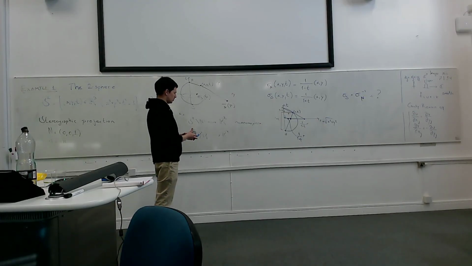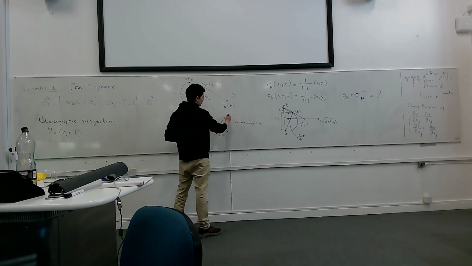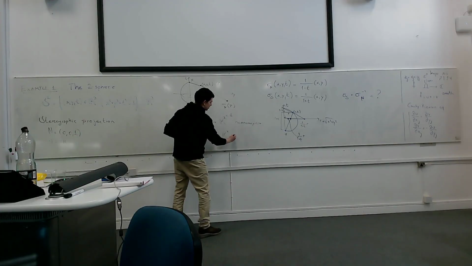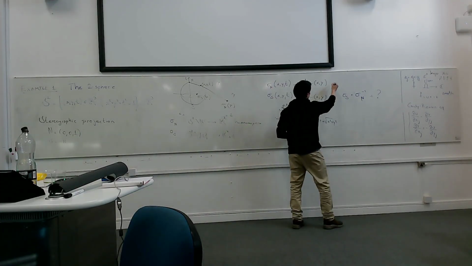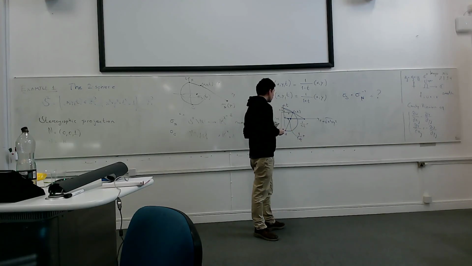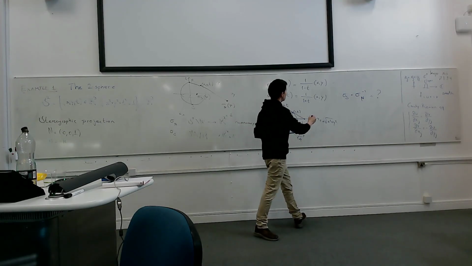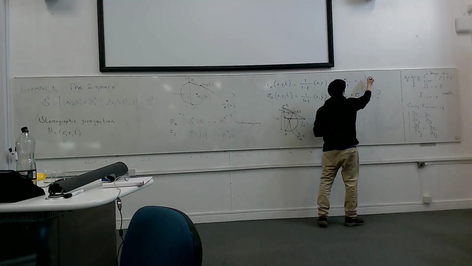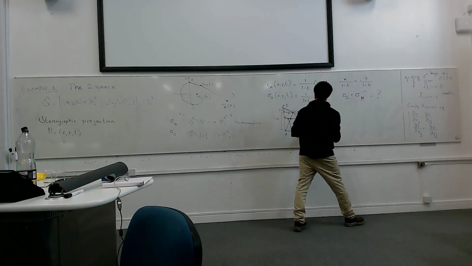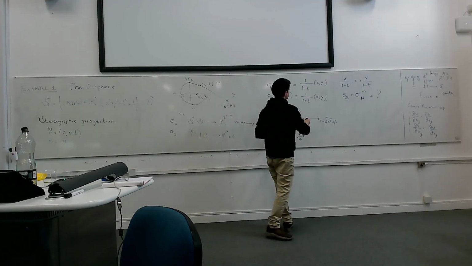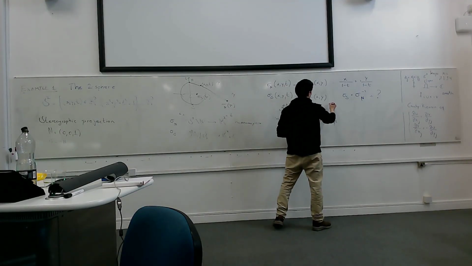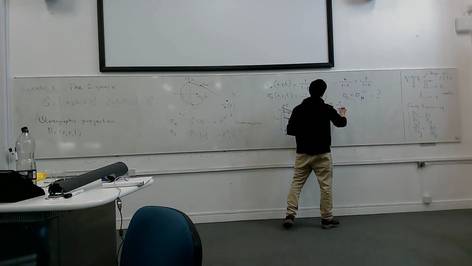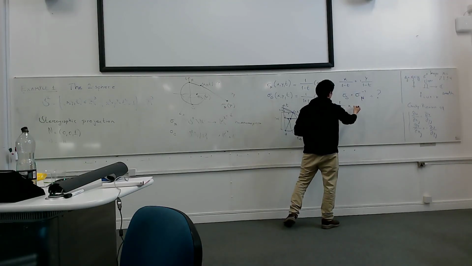So R2 is the same as C, and I'm identifying R2 with the complex numbers, the standard identification. So this is x divided by 1 minus t plus i y divided by 1 minus t, and this one here is 1 plus t, and then x plus y.